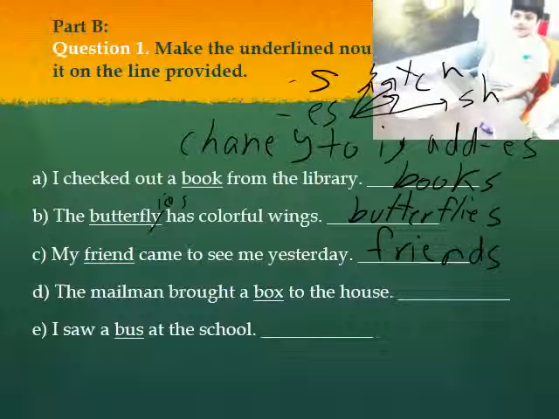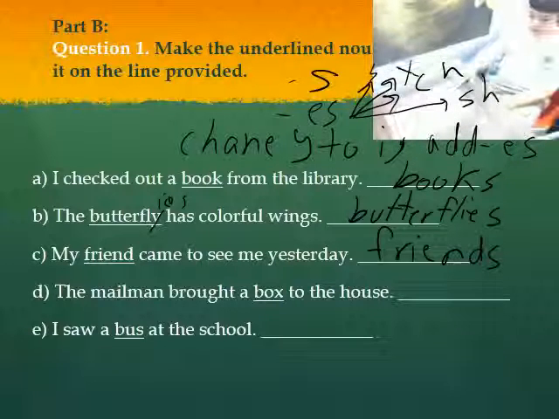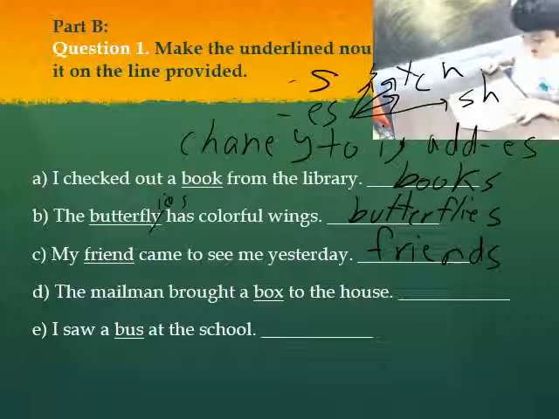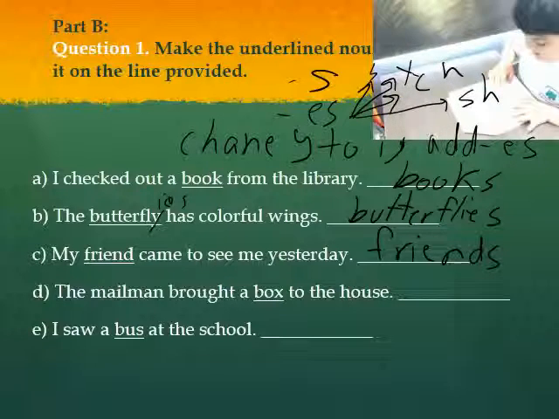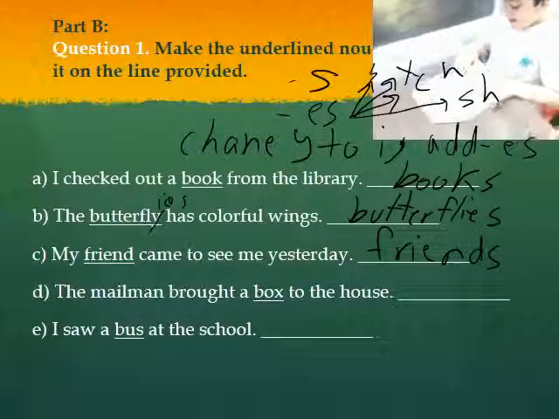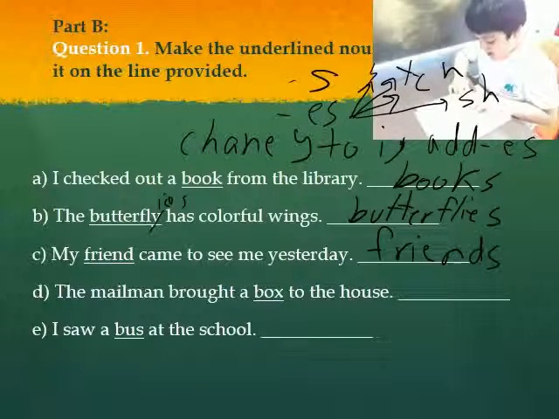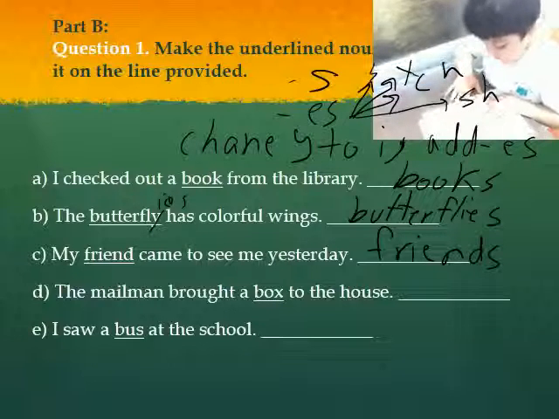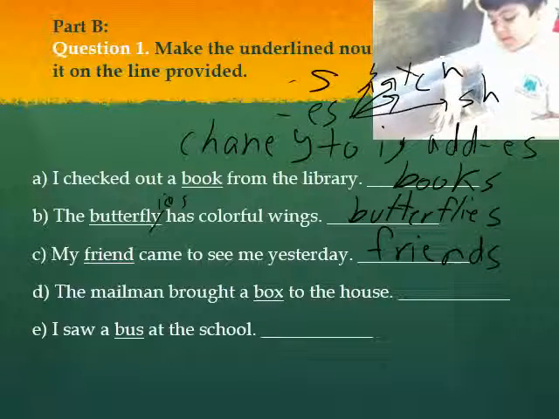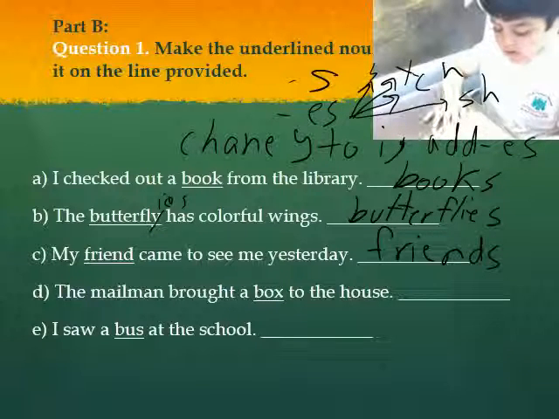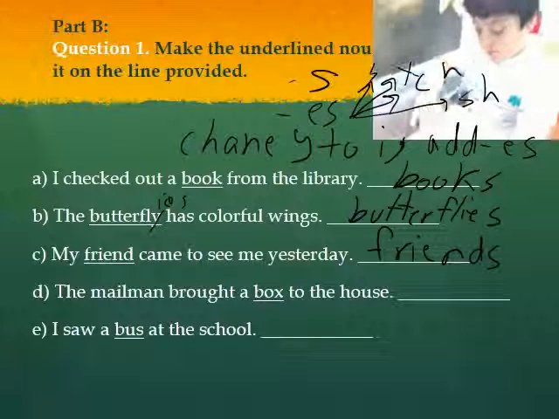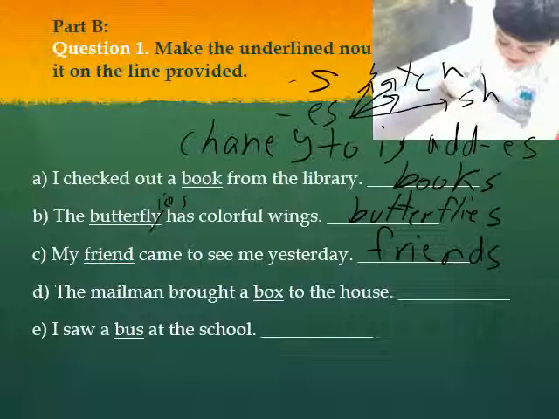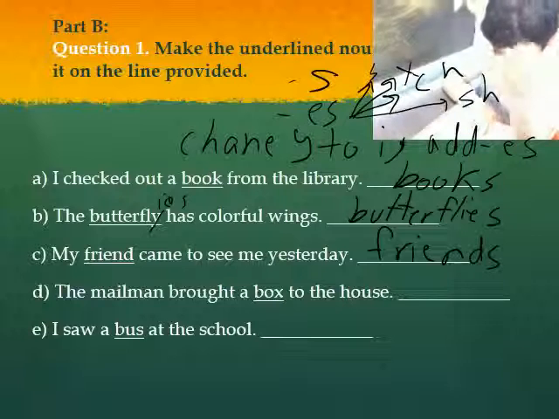Okay, Rahim, read D. The mailman brought, raise your voice, brought a what? Brought a box to the house.